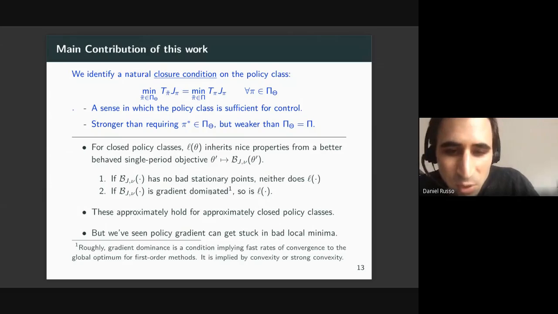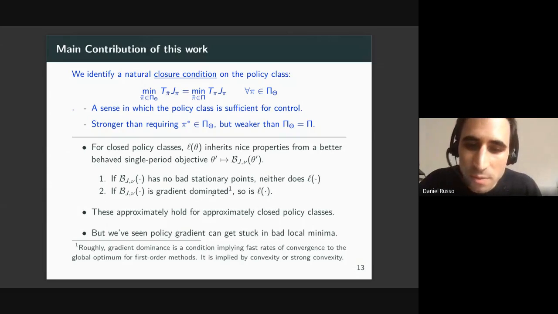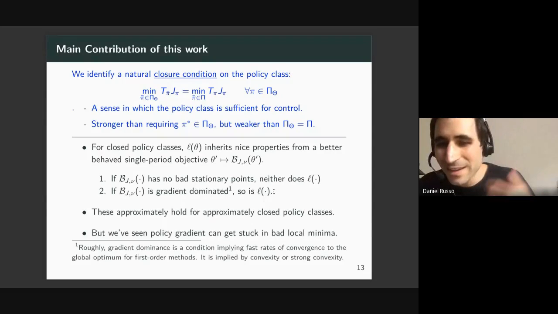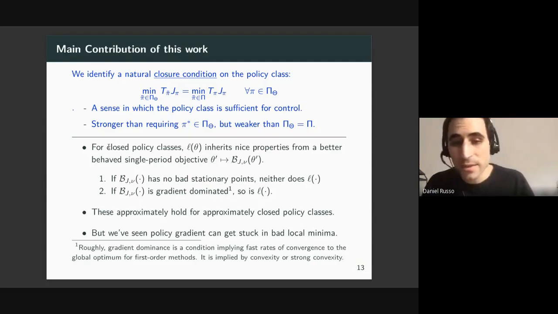That implies something called gradient dominance, which leads to fast convergence rates for first order methods. So the second main insight is that when this one period objective is gradient dominated, so is the non-convex infinite horizon cost function L. Even though policy gradient methods are not breaking the problem up into a sequence of single period problems, in the analysis, we can do just that.